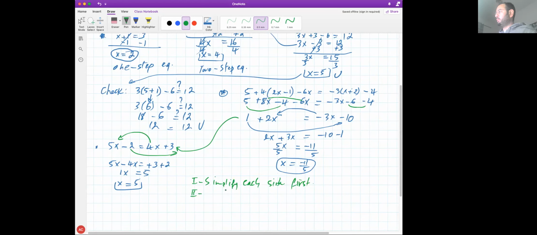And number 2, basically, you're gonna move the x's or the x to one side, and the numbers, if you have numbers, to the other side.